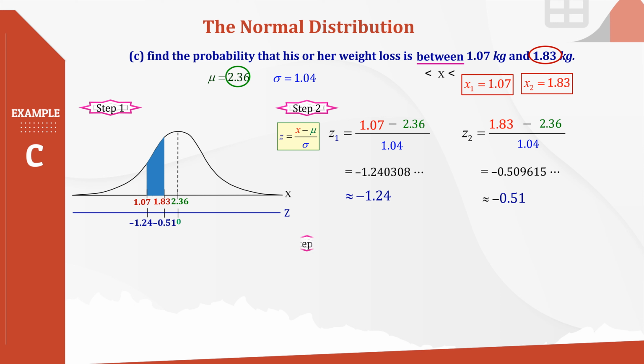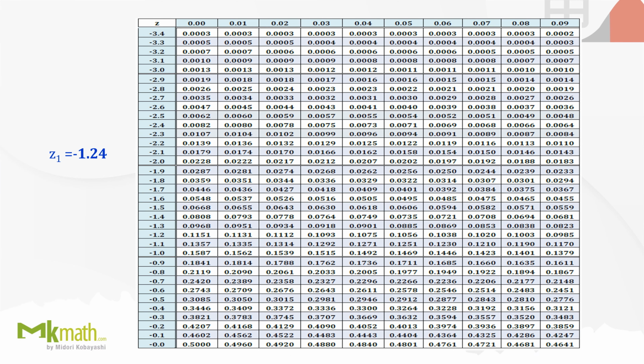Let's look up the Z table using Z score of negative 1.24 to find the left cumulative area. We find the left cumulative area 1 up to Z score negative 1.24. First, locate the first 2 digits of the Z score as negative 1.2, and then locate the second decimal place of 4 from the top row.